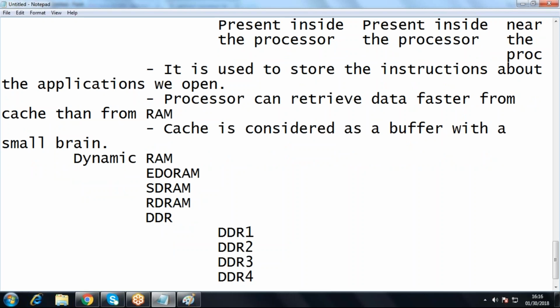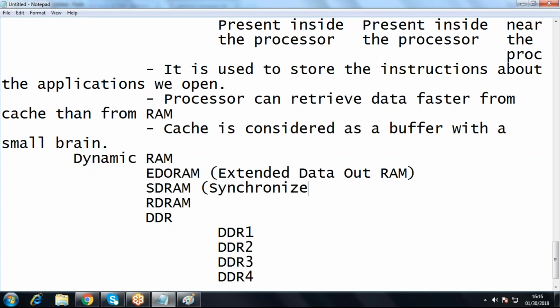EDO RAM stands for Extended Data Out RAM. SDRAM stands for Synchronized Dynamic RAM.